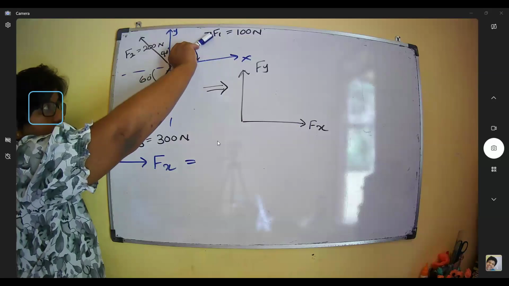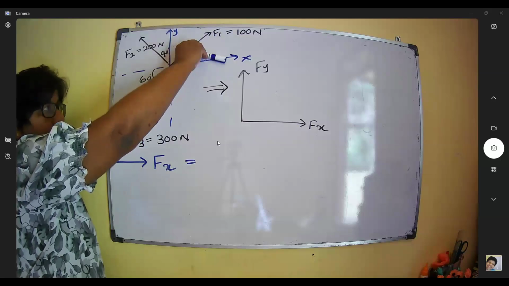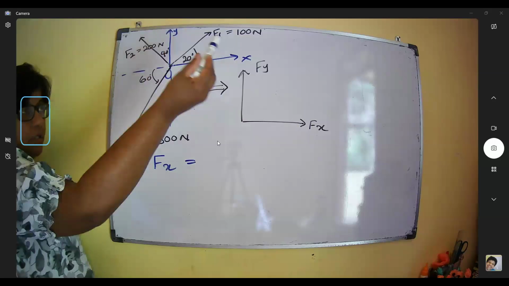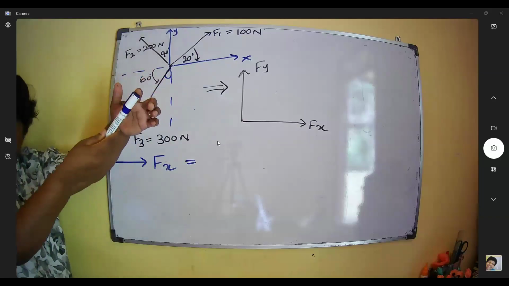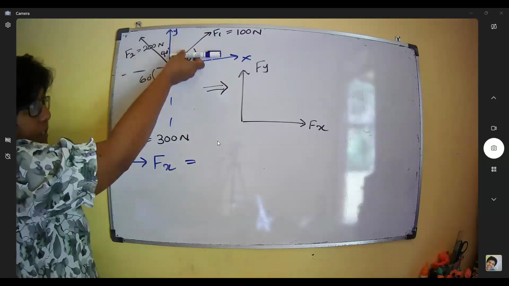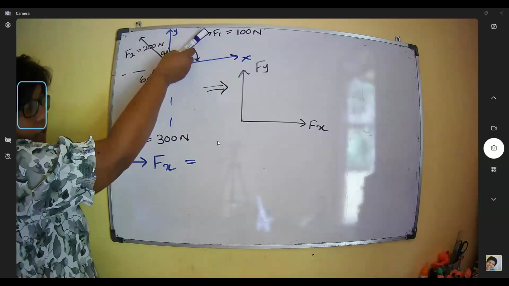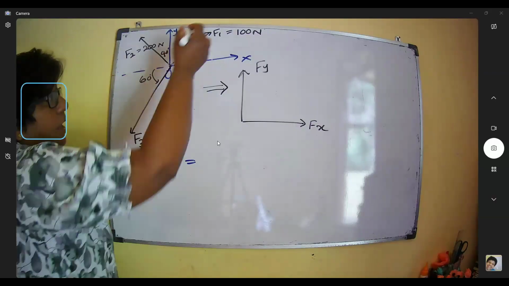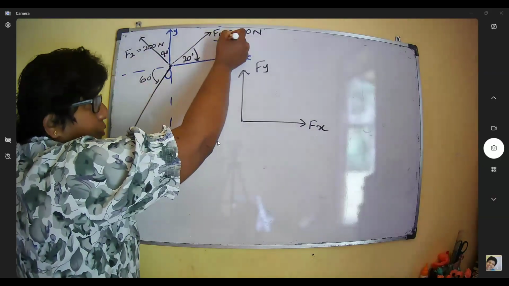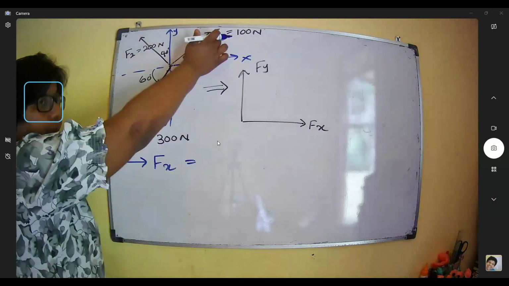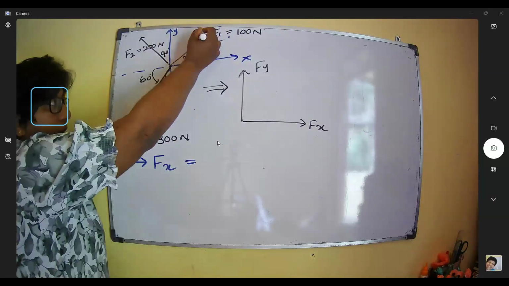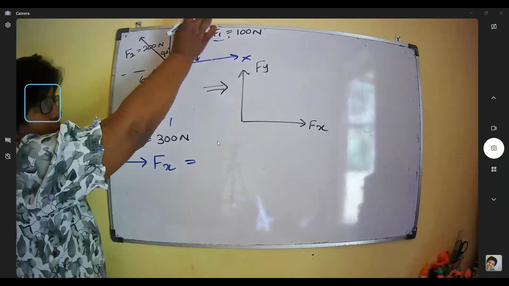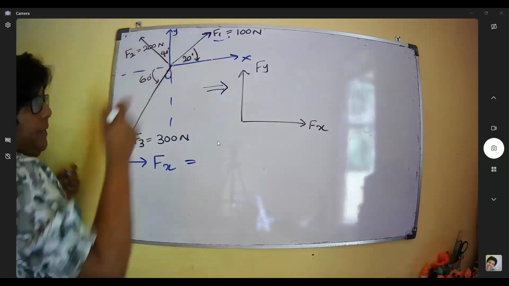See the direction, the top of the pen. The direction is positive, along the Fx axis. So I can replace the F1 vector with two perpendicular components.